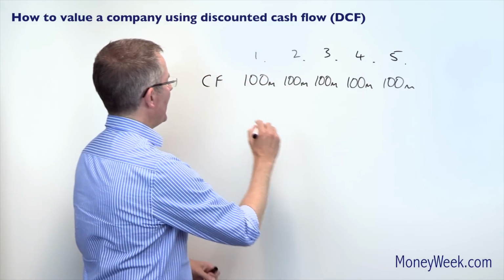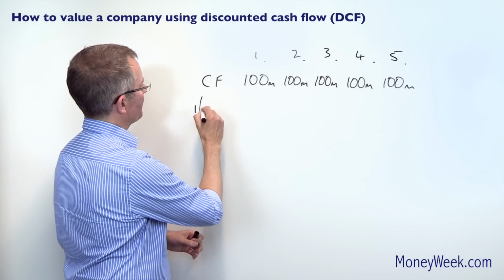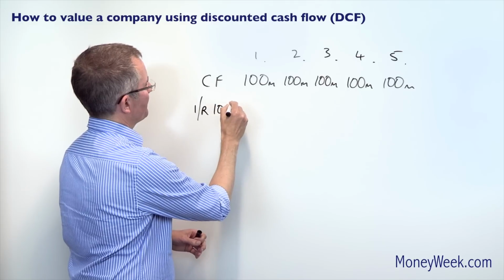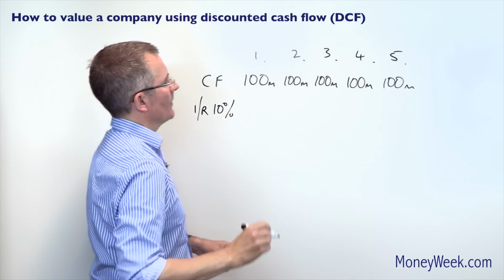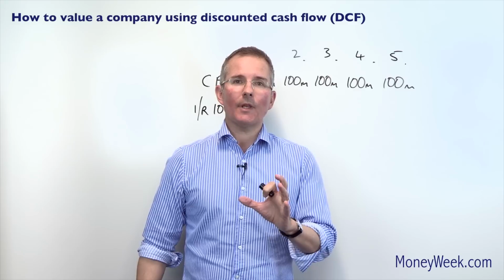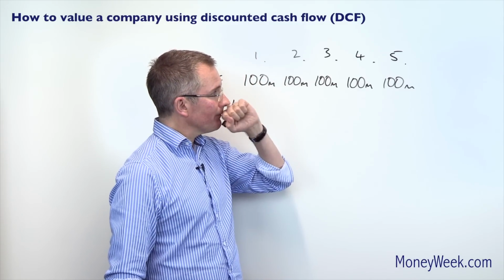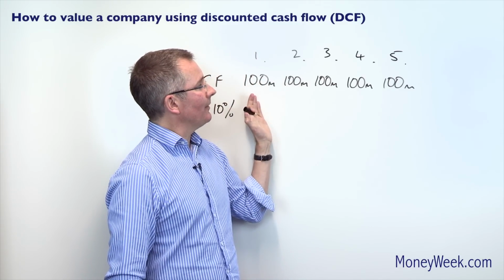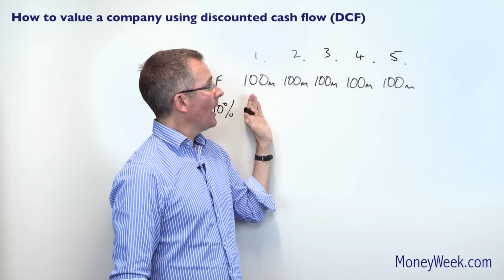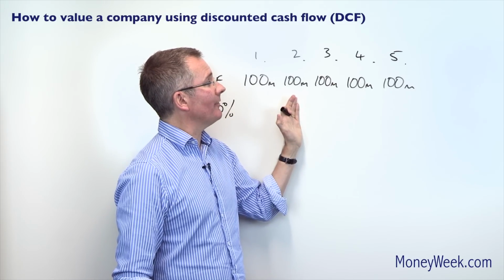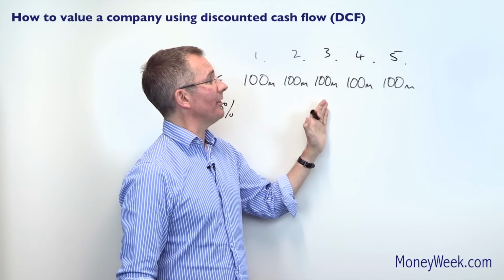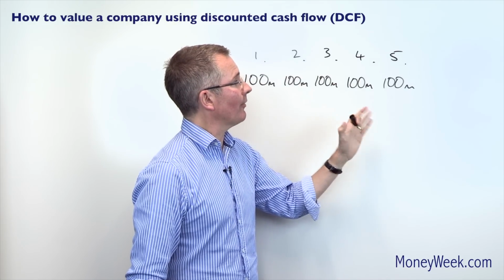Now, if you take an interest rate of 10%, what you're going to be doing is saying, well, based on that, 100 million received in a year's time is worth a little bit more than 100 million received in 2 years' time, which is worth a little bit more than 100 million received in 3 years' time, and so on and so forth.